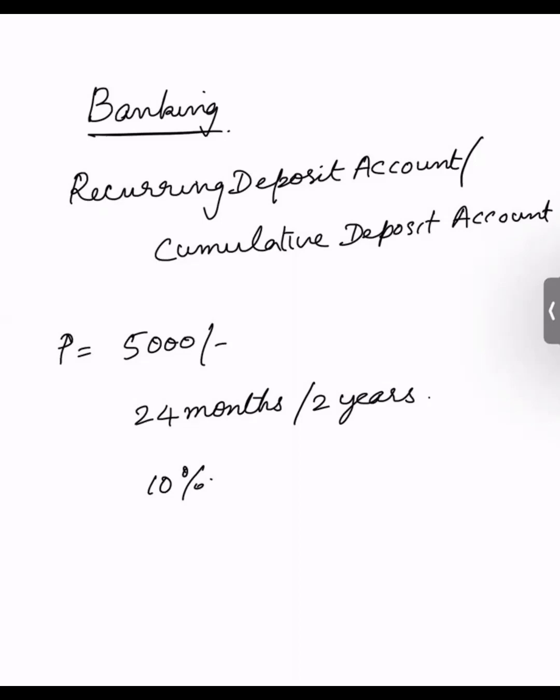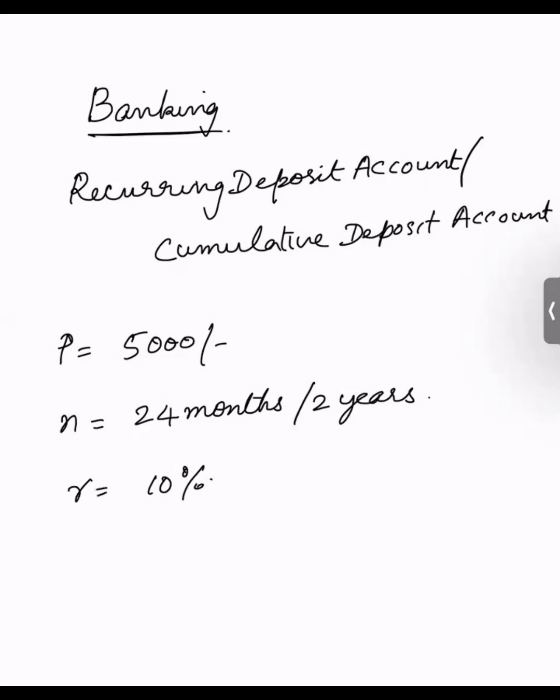Then this is N. N is the number of months, how many months you will be investing this principal or this amount. And rate is, when you invest this money, the bank will give you certain interest, right? So what is going to be that interest? That is what R is.